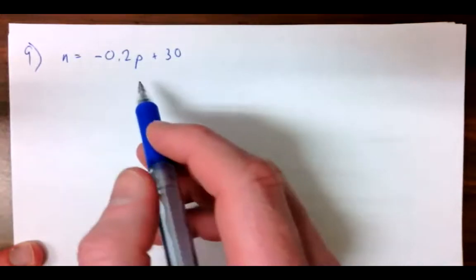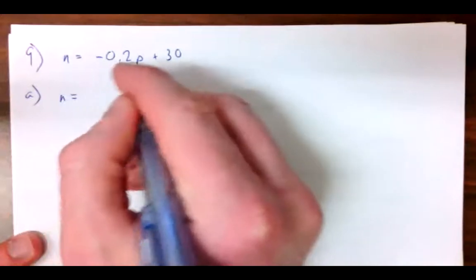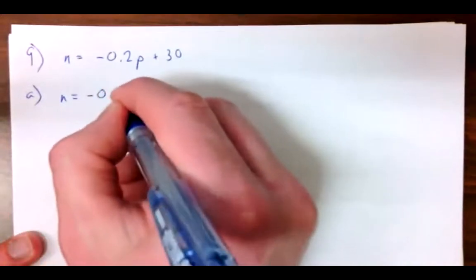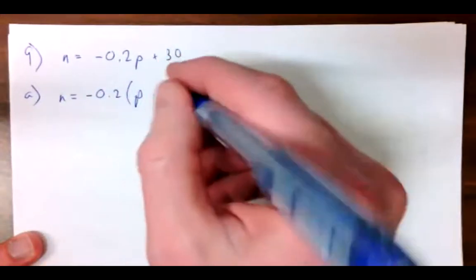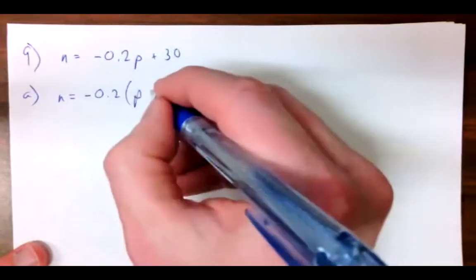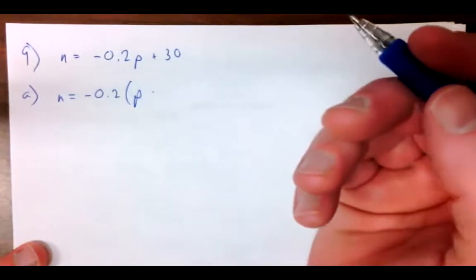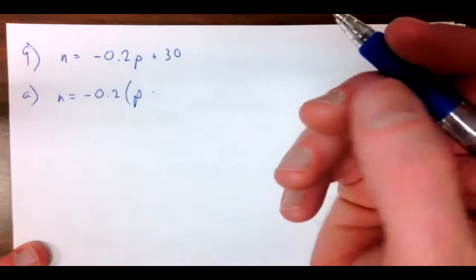Okay, so again, we complete the square. N equals, I'm going to factor out that negative 0.2. I wish it was a fraction, I could write it as a fraction. So 30 divided by negative 0.2. Oh, hang on a second. This isn't a square question.